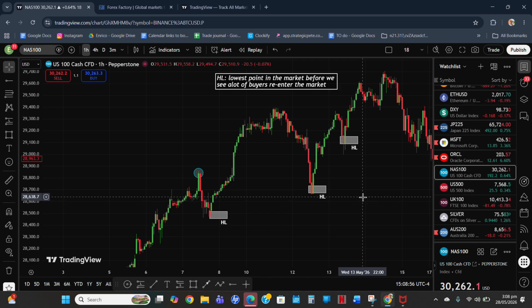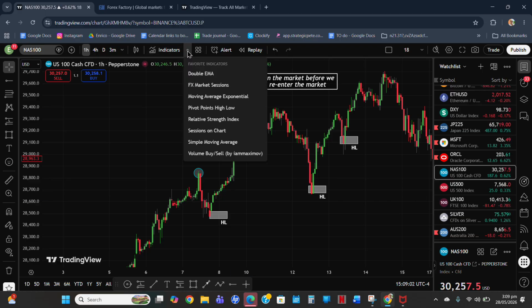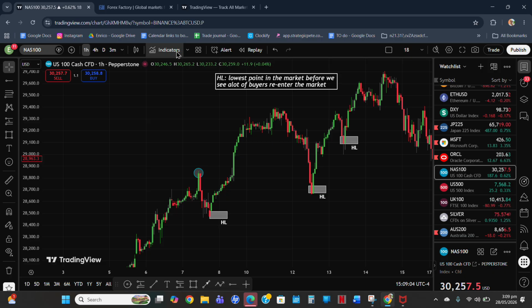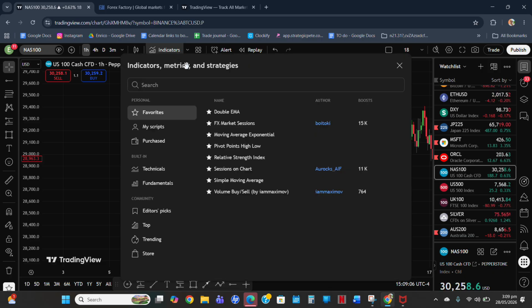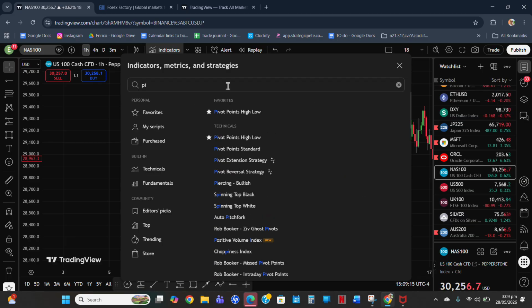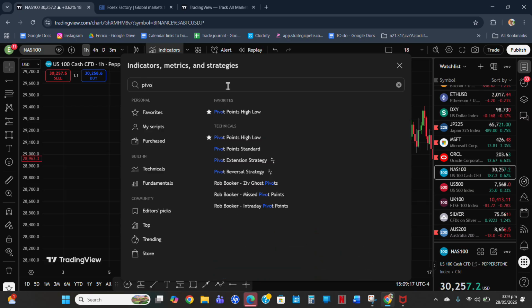I'm going to give you an indicator which will help you identify your higher lows. You go over to indicators. So you press on indicators. This app is called TradingView. I'll also do a video on TradingView as well. Simply go to TradingView, type in pivot. So it's this one.